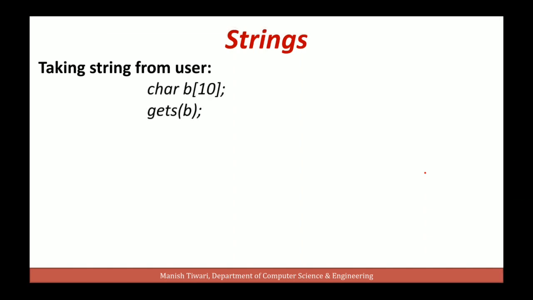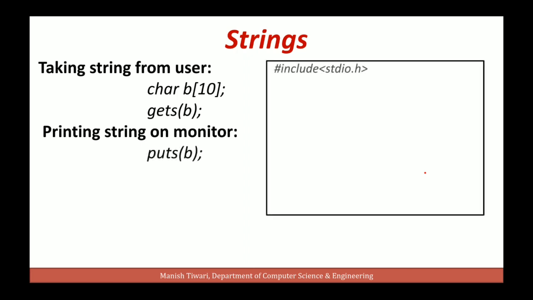So gets is nothing but a substitute for the scanf function. For a string we generally use this gets function, and inside it we pass the name of the array, and to print the string on the monitor we use this puts function.